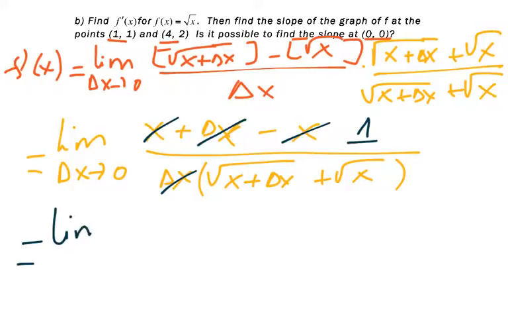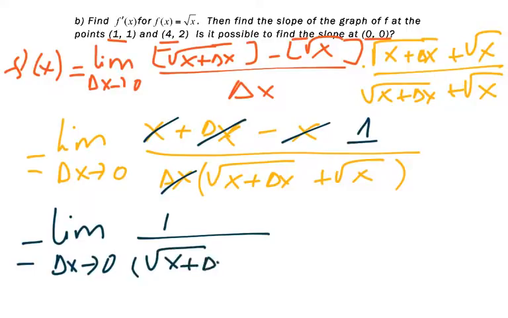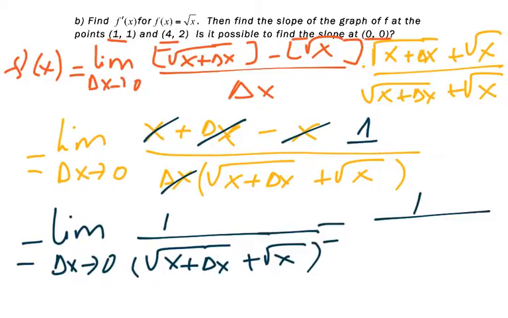So y prime equals the limit as delta x approaches 0 of 1 over the square root of x plus delta x plus the square root of x. Okay, if we put in a 0, that would give you, I'm just ahead of myself, that would give you the square root of x plus the square root of x.